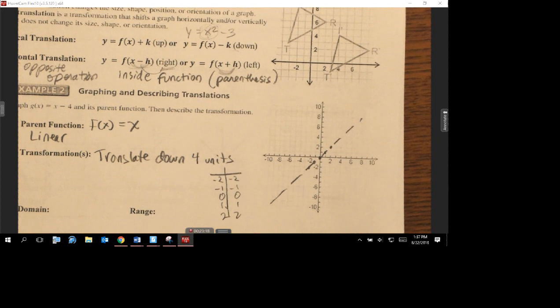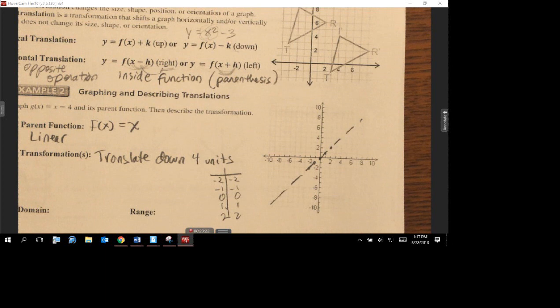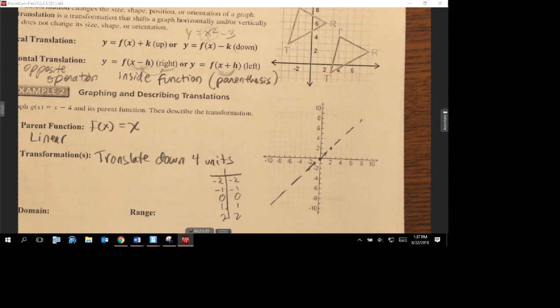And then, since we are doing a transformation, we translate down 4 units. All you have to do is take every point from the parent function and move it down 4 units. Every dot, move it down 4 units, make a new dot.